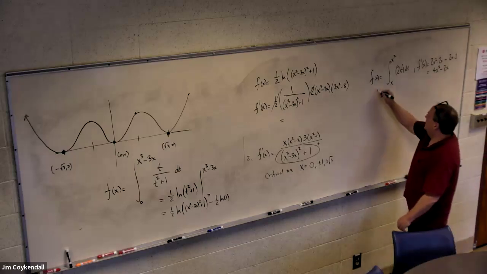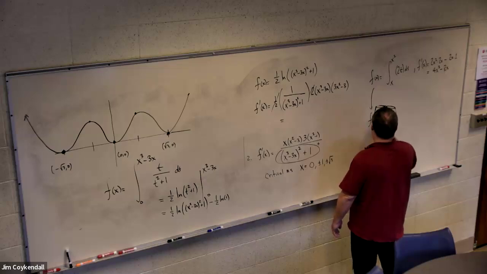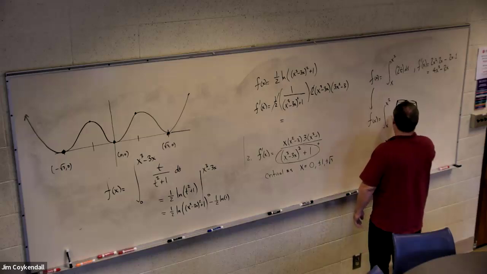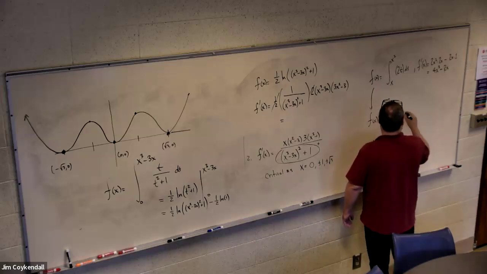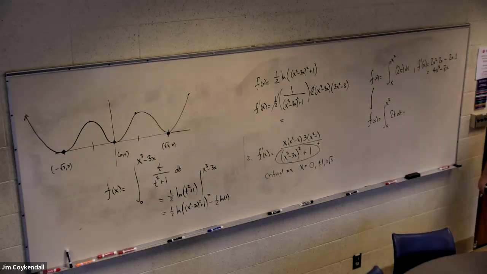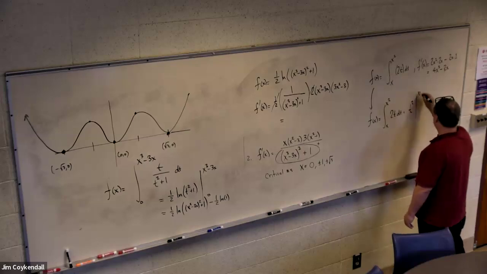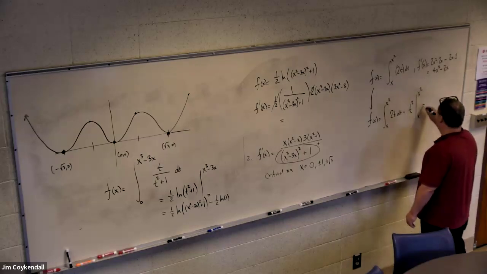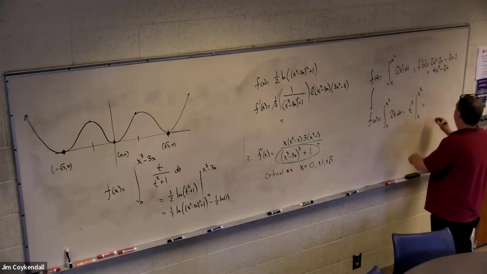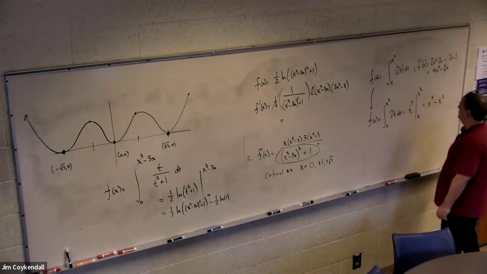Another way I can do this is to figure out what f of x actually is. What's your favorite antiderivative of 2t? Agreed. So this becomes x to the 4th minus x squared.